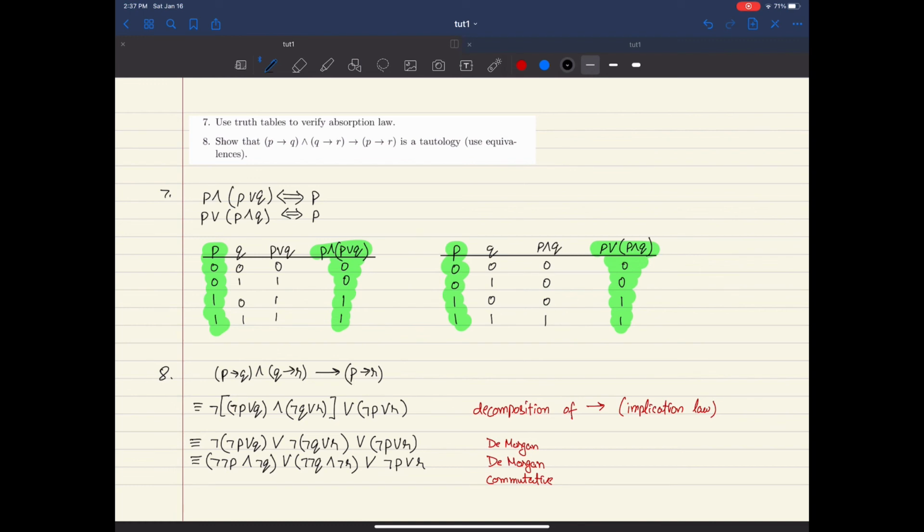It can be rewritten as not P or not of (not P and not Q), or not of (not Q and not R), or R.